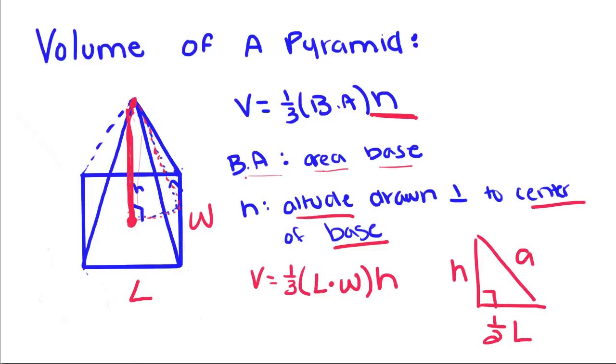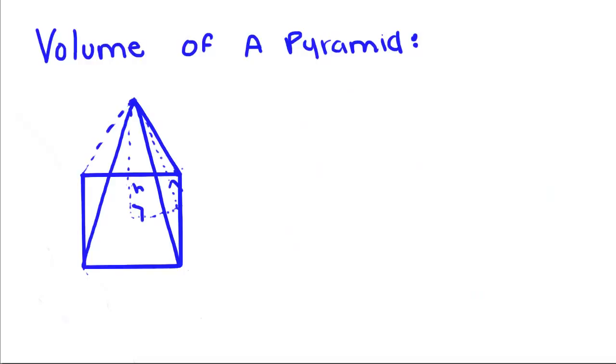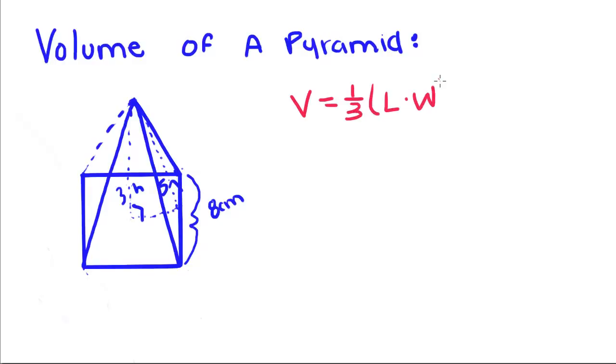So now that we know how to find volume, we're going to do some examples. So volume is equal to 1/3 length times width times h. Now, since we're multiplying these and multiplication is commutative, it doesn't matter what order we multiply in as long as we multiply the right stuff.